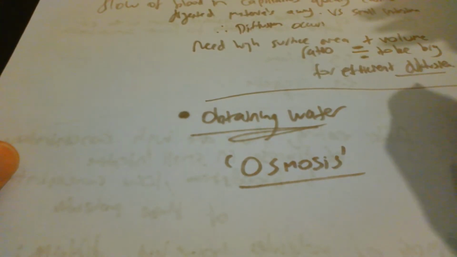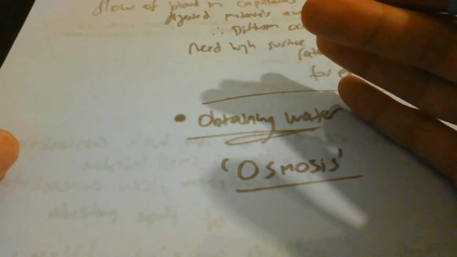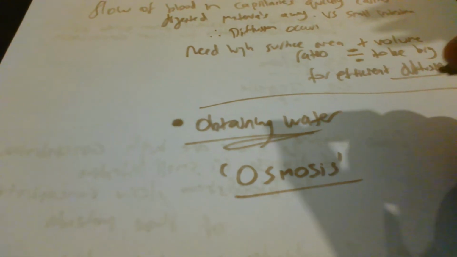So I now want to talk about obtaining water. How do we obtain water? Through osmosis. There's a process called osmosis. It's basically the movement of a solvent across a semi-permeable membrane toward a high concentration. What does this mean? Well, let me explain.